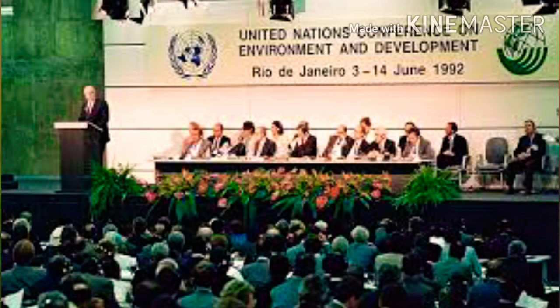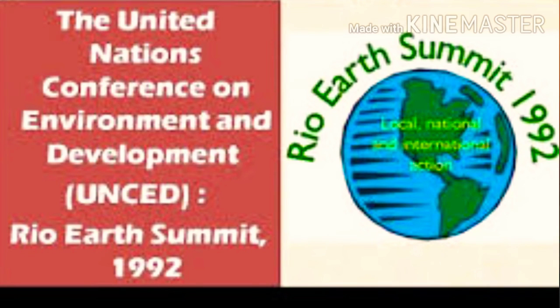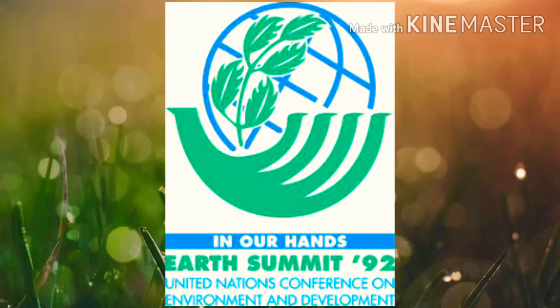The main idea was to safeguard our environment. The Earth Summit was convened for addressing urgent problems of environmental protection and socio-economic development at the global level. So the main idea of this Earth Summit was to give importance to the urgent problems happening in our environment and to promote socio-economic development at the global level.